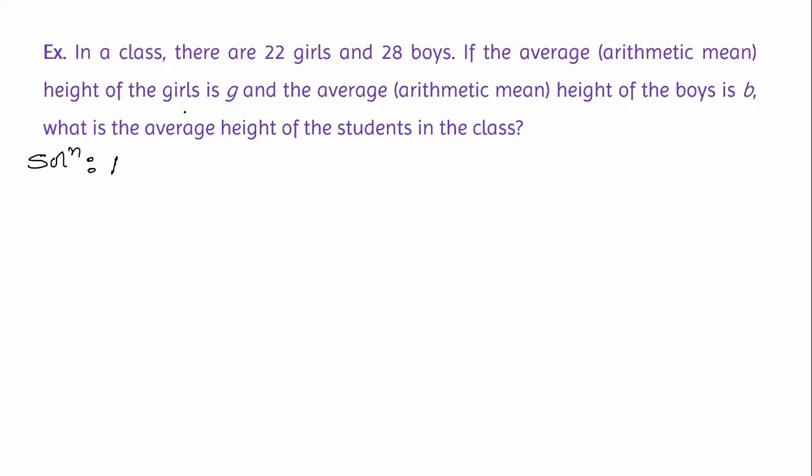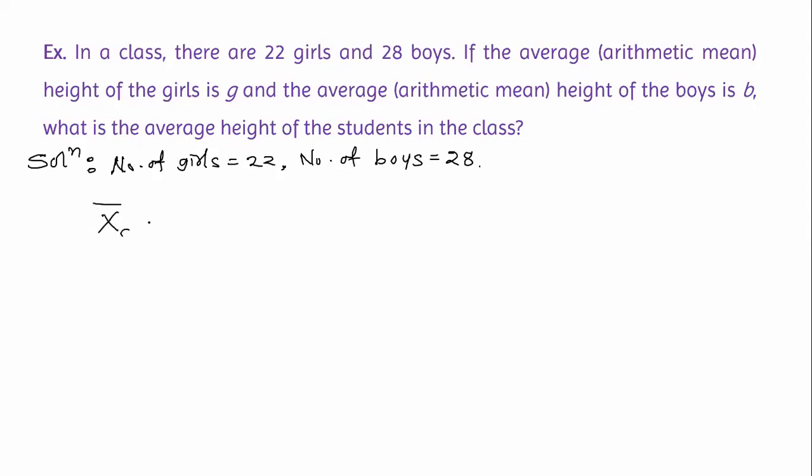So we'll say let the height of girls be G. Here the number of girls is equal to 22. The number of boys is equal to 28. Now the arithmetic mean of girls is G and the arithmetic mean of boys is B. Then what is the combined mean?